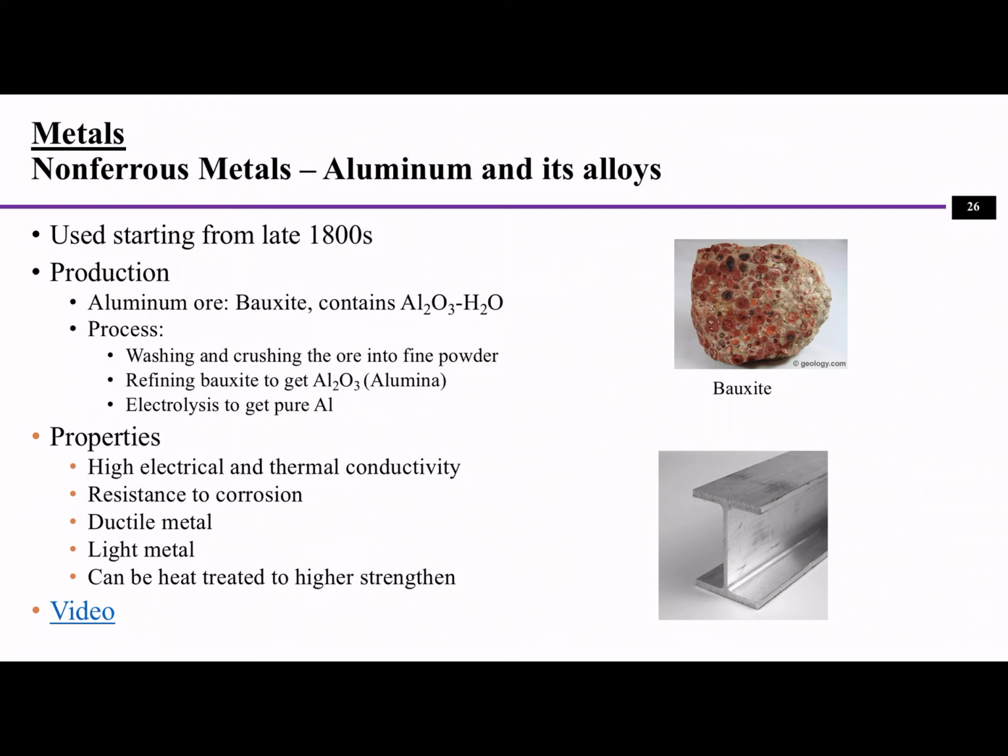Then later, when the process got more mature, mass production of aluminum, or sometimes you can call it aluminium, got more available to people. Then the cost reduces, and it's more available to different applications.